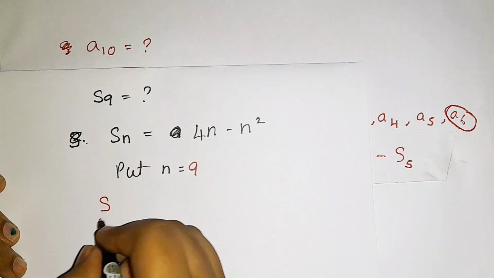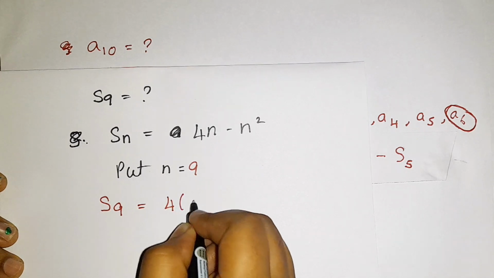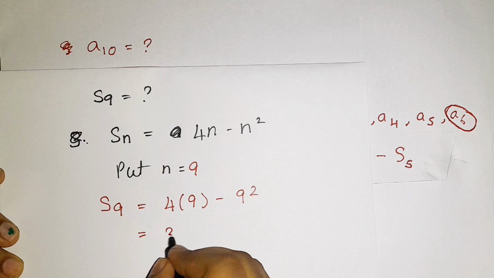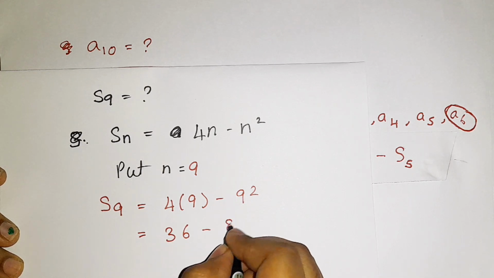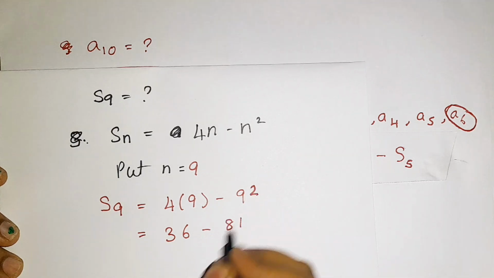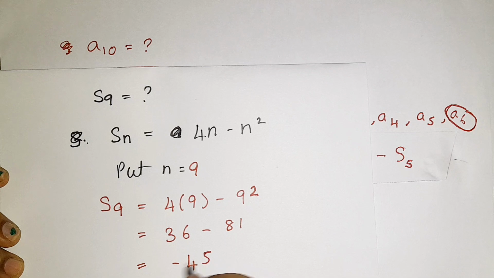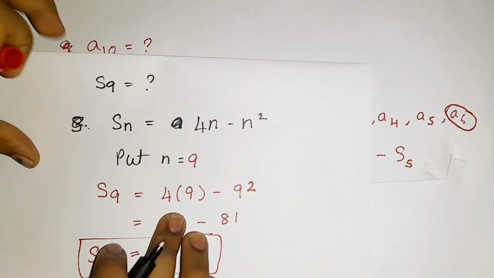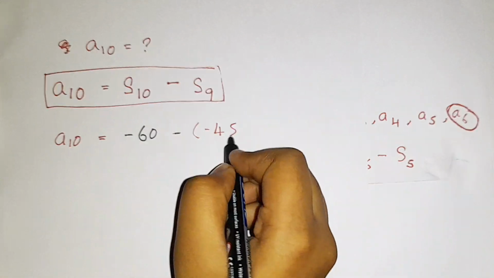So S9 is equal to 4 into 9 minus 9 square. 9 fours are 36, minus 9 square is 81. So this is 9 square. Now when we subtract it, we get minus 45. So this is the S9 value.